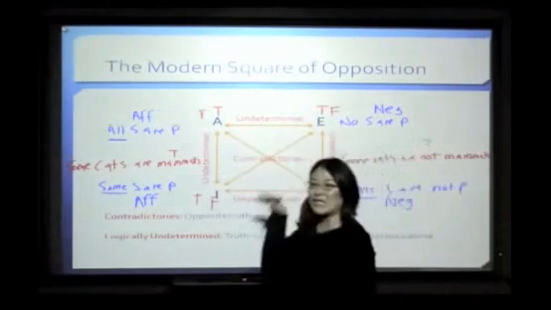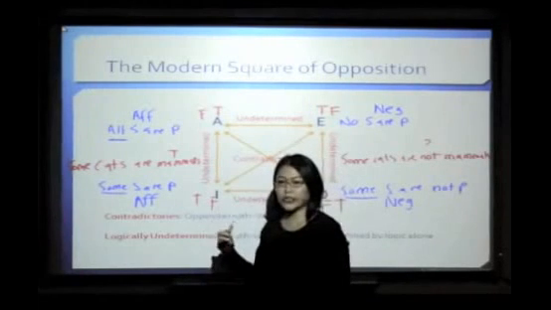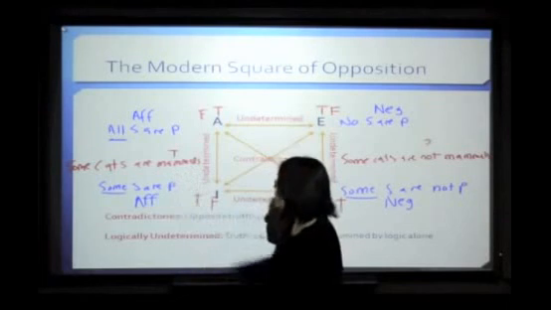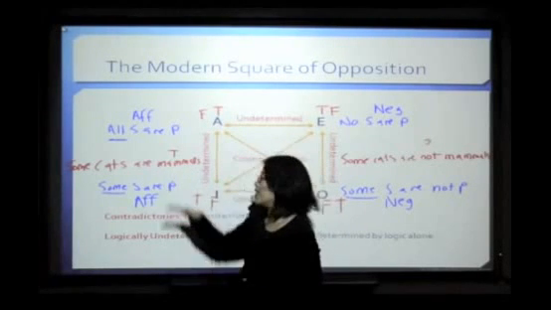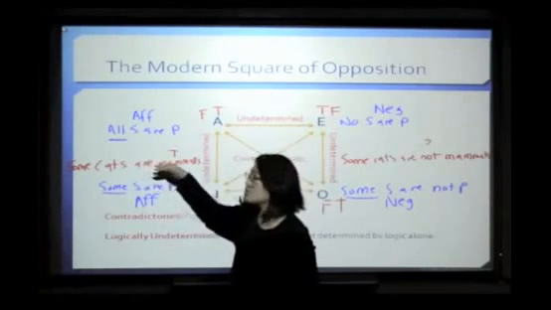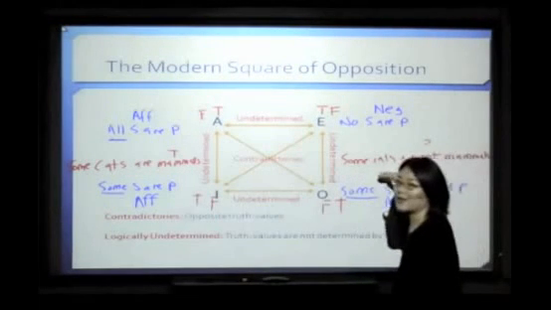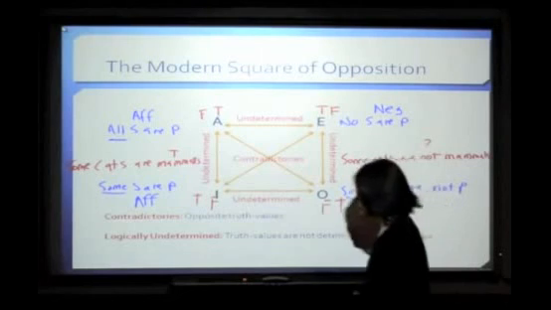You can't tell by logic alone. What you need to do is actually go to the information that's contained in the statement. With these examples, we actually know that some cats are mammals is true, and some cats are not mammals is false, okay?